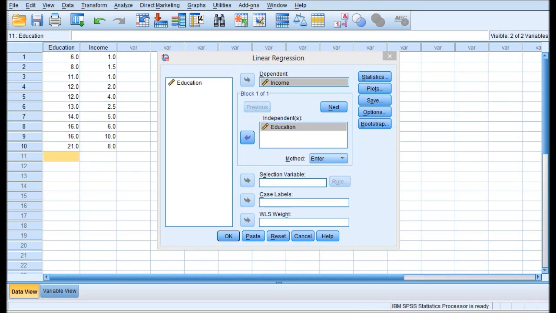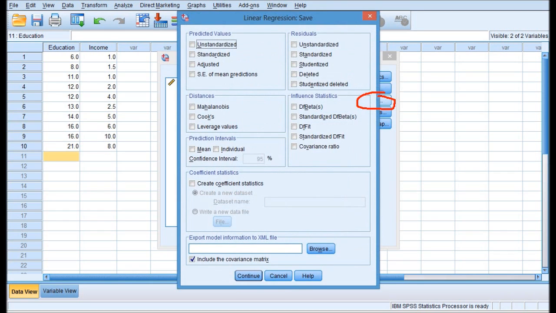Now click this save button here. We are going to generate a new variable or data that we are going to use for testing the assumptions of linear regression. Just click this save button and mark this unstandardized in this residual box.